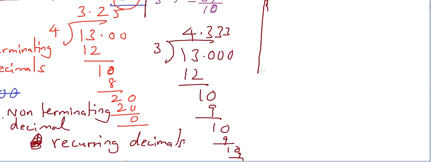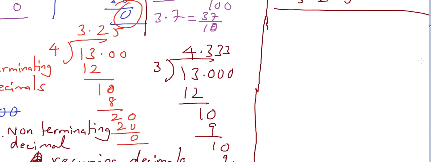And some more interesting things I would like to discuss: addition of fractions. So 3 plus 2 by 5. How to add? Actually, this can immediately be written like this: 3 2 by 5.